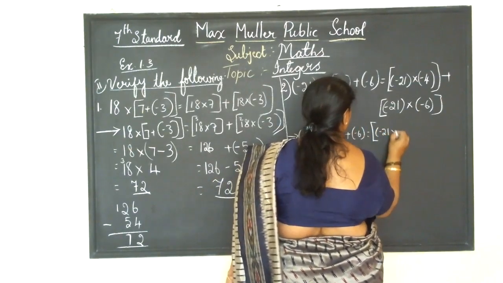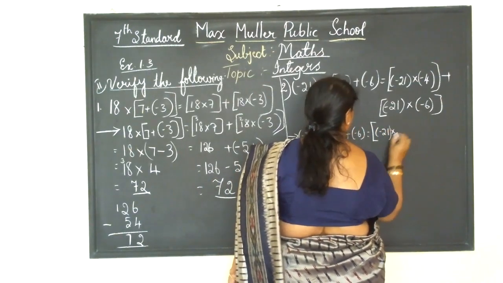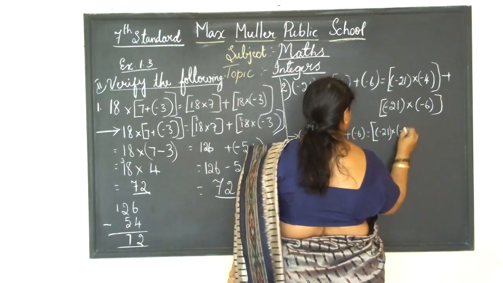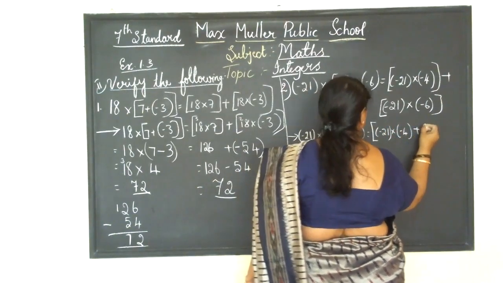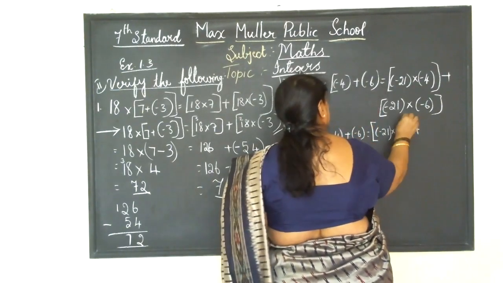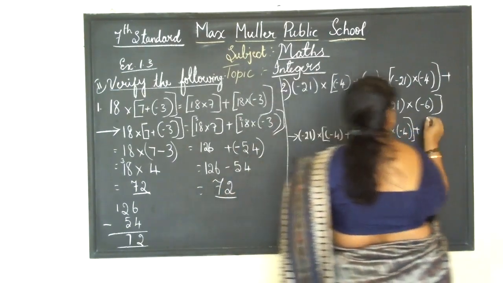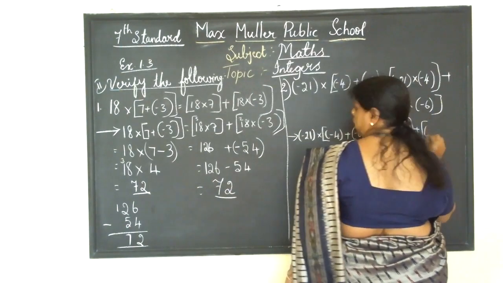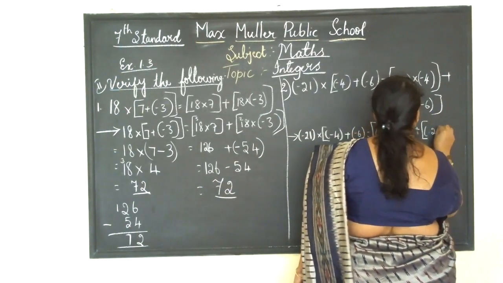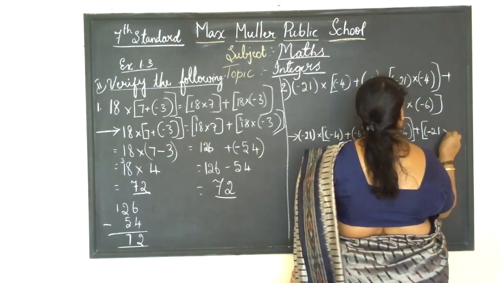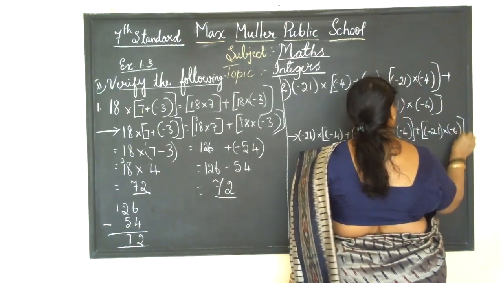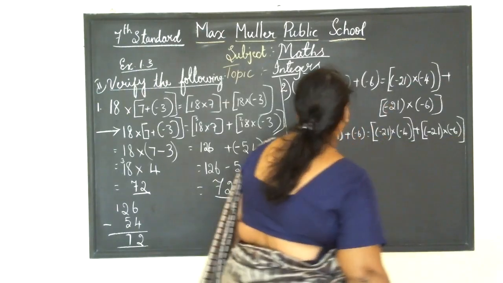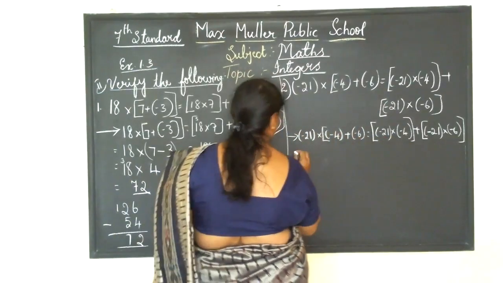Minus 21 into (minus 4 plus minus 6) is equal to minus 21 into minus 4 plus minus 21 into minus 6. Okay, got it?